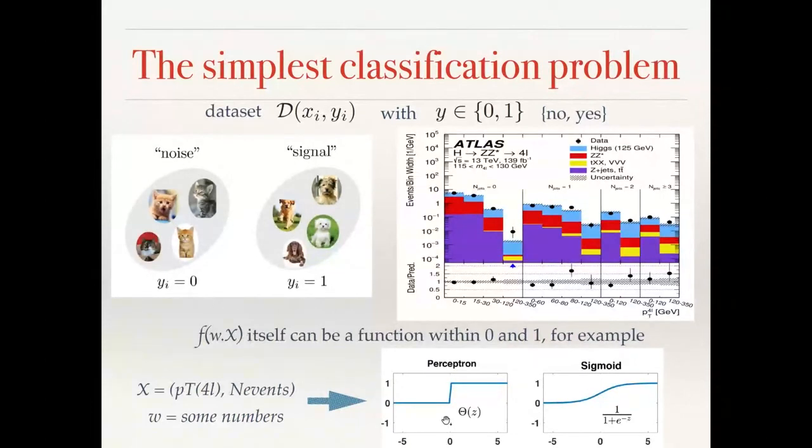For example, you could take your weights times your data and call this Z, a new variable. Make a transformation on this Z that could look like this function, which is called a perceptron, or this other function called a sigmoid. If you are on this side, you are mostly background. If your result is on this side, you are signal. But in the perceptron, this is a steep step going up, so at 0 it changes from 0 to 1.